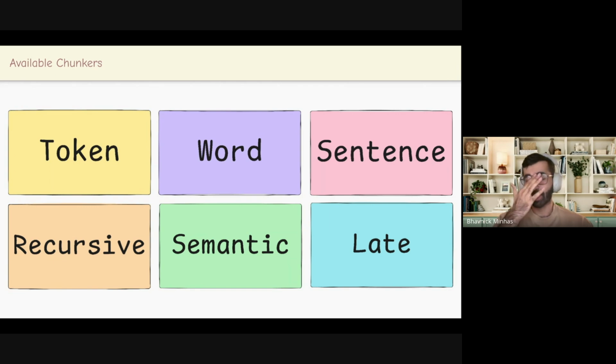Otherwise, there's also the mechanism of generative propositional chunking, which is very expensive, that I talked about in the meeting right before this one, where in a universe where you have infinite money, you can use something like ChatGPT to get chunks for you in a propositional way where the chunks are very, very short.